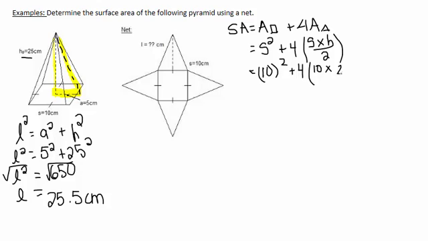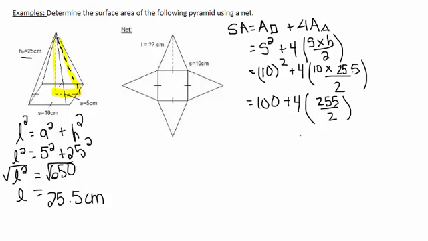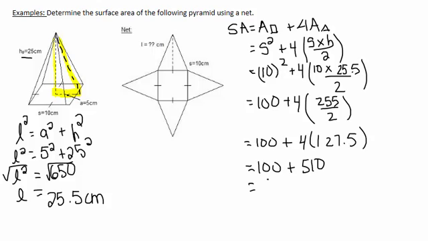So you can plug that in here. And our final answer is 610 centimeters squared for the surface area of this square-based pyramid.